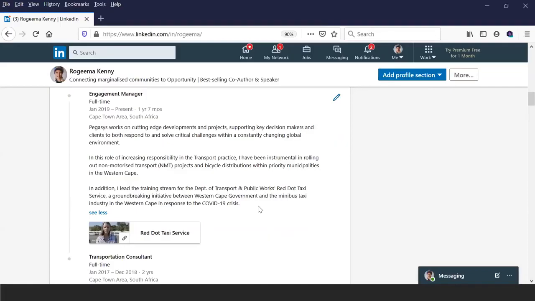It doesn't have to be that I increased the bottom line. It could be that I made a massive difference by helping people get to work during COVID-19 safely. So think about that, because it's not always the way you think of it. You will have results no matter what industry you work in and no matter what job you work in.